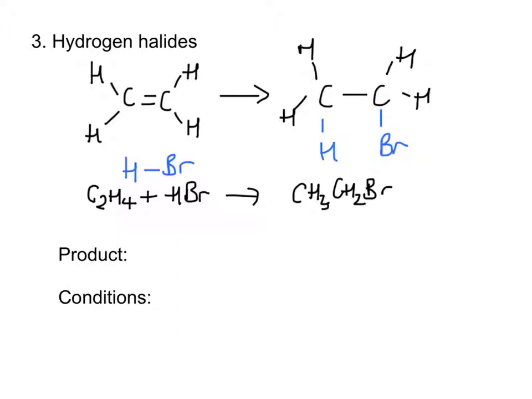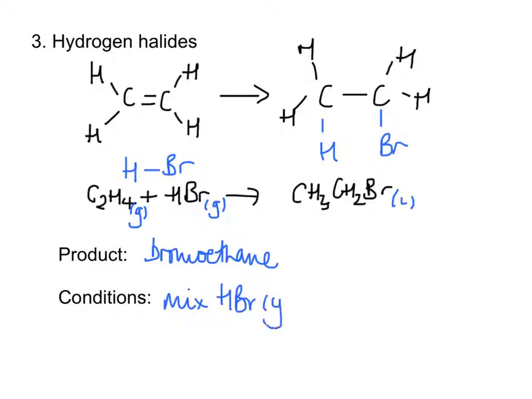Putting state symbols in. The product is a colourless liquid and it is of course called bromoethane. The conditions for this reaction, you simply mix hydrogen bromide, which is a gas, with ethene as a gas, and it takes place at room temperature.